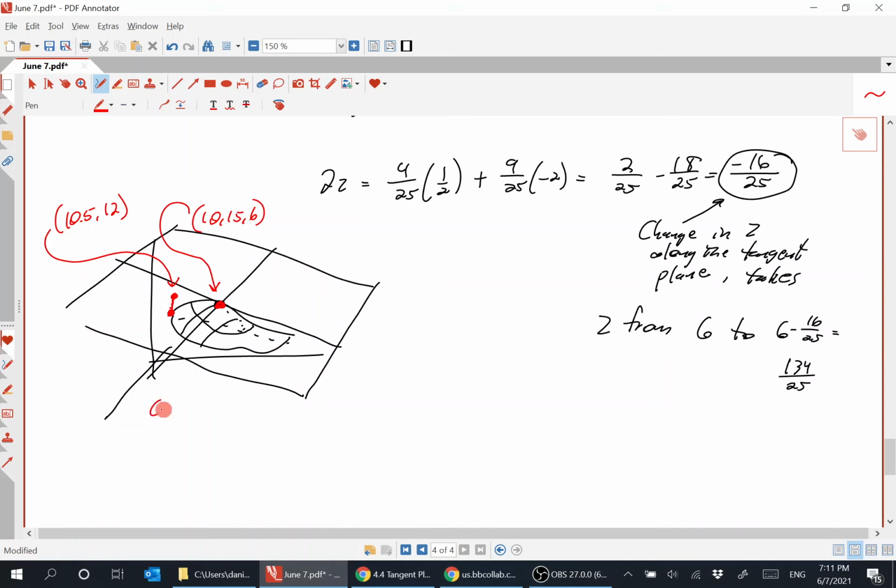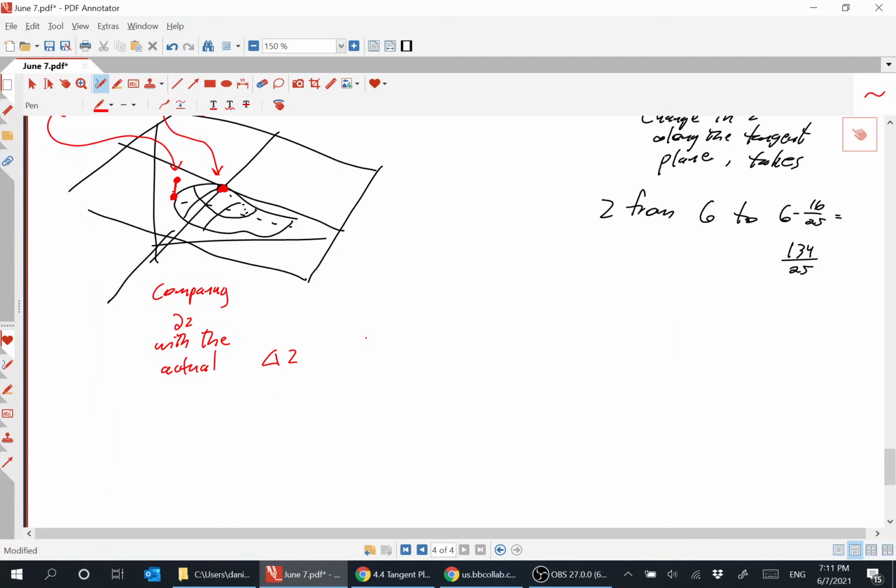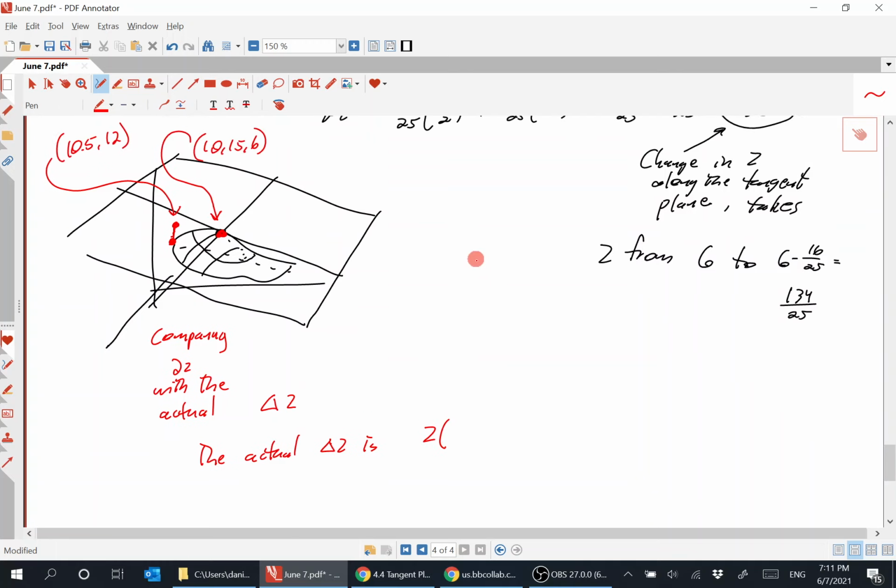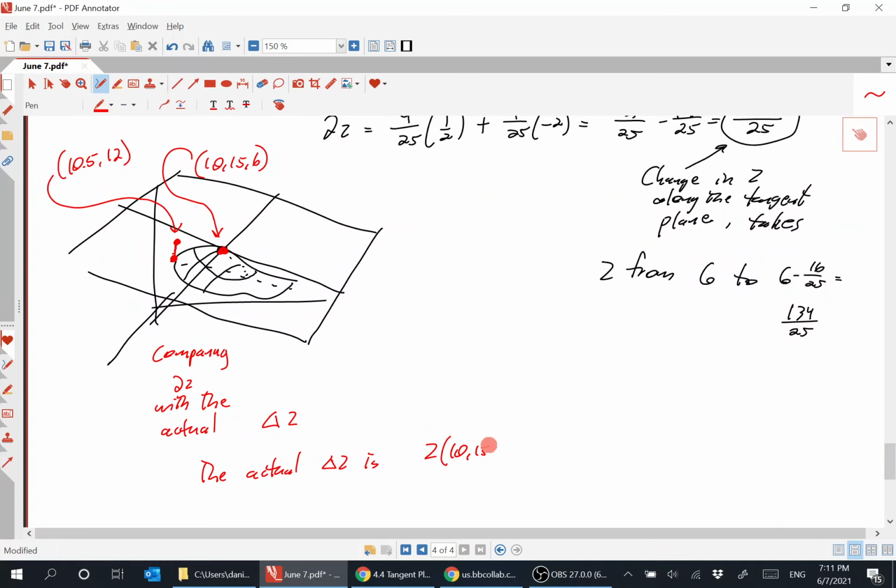So we're comparing dz with the actual delta z. So the actual delta z is z at the original point, 10, 15. I'm doing it backwards. So it's z at 10.5, 12 minus z at 10, 15.